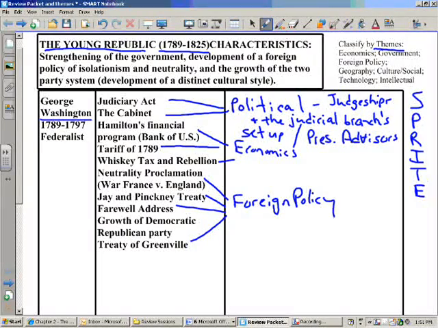But now, how could we pay off those debts? How could we convince other countries that we were strong enough economically to trade with? And how could we establish revenue coming into our country's government to help us survive and thrive as a nation? Well, that's what we find here.